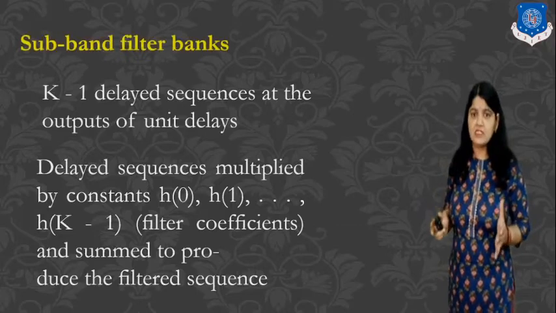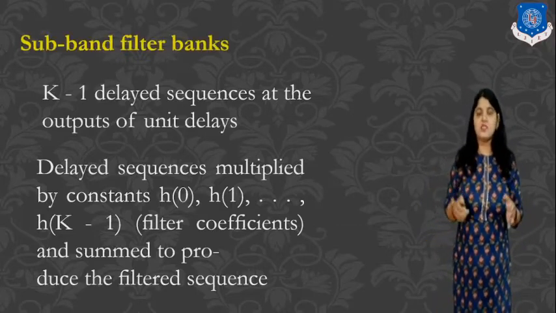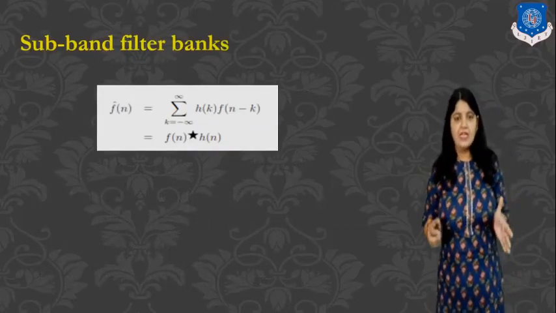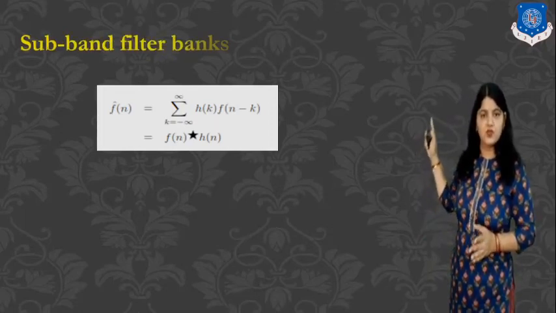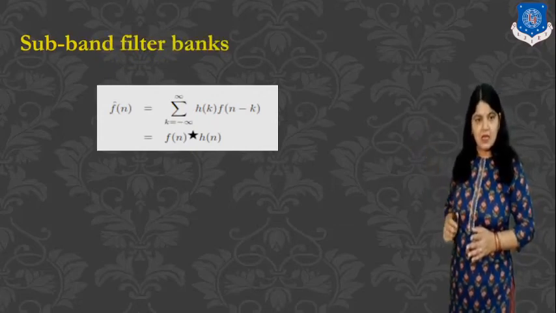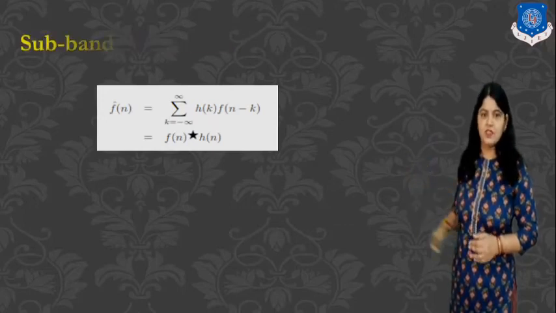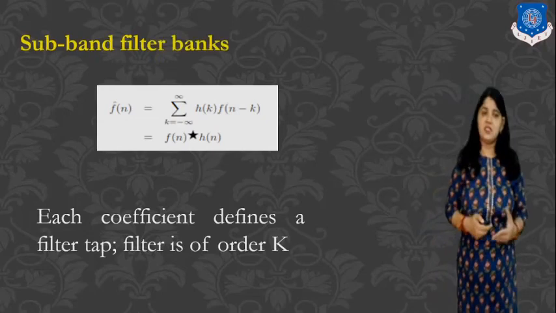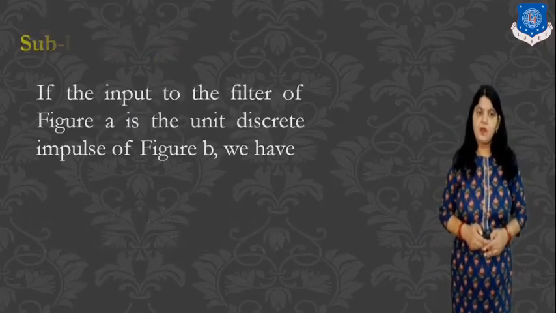These are known as the filter coefficients and are summed to produce the filtered sequence. So f of n is equal to sigma k equal to minus infinity to infinity h of k f of n minus k. We can also write it as f of n convolved with h of n. So each coefficient defines a filter type, or the filter is of order k.